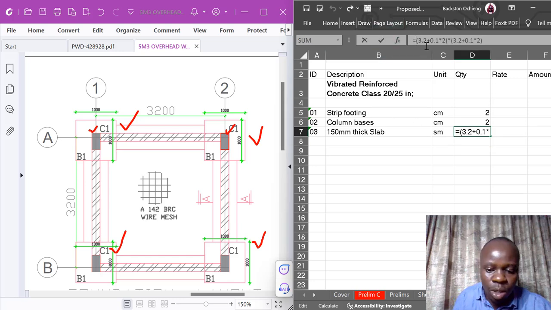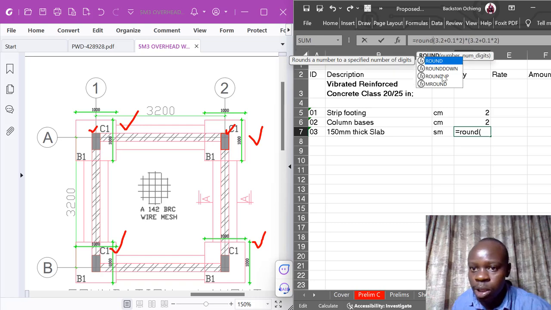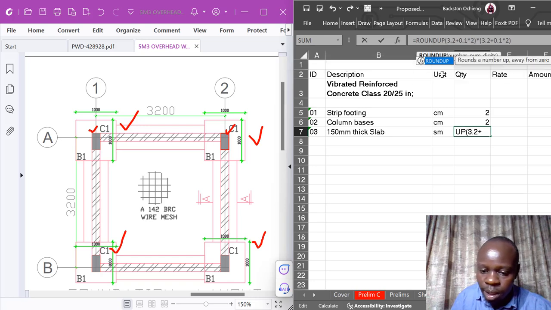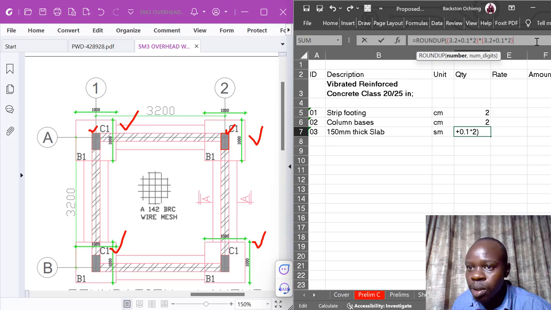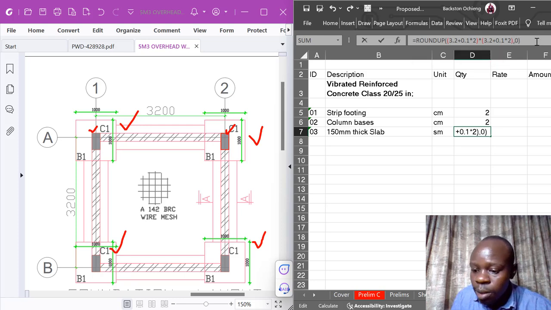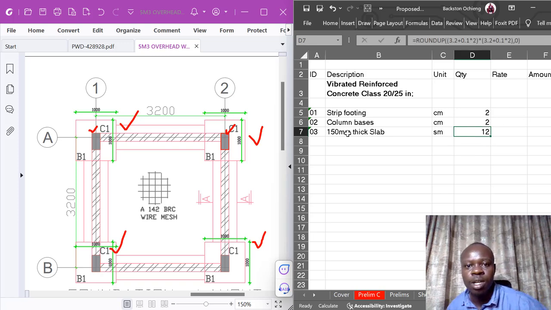So I will round it up again. Let me see. Yes, perfect. So I have 12 square meters for the slab.